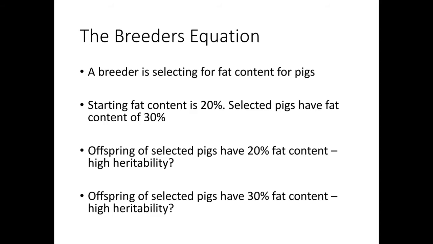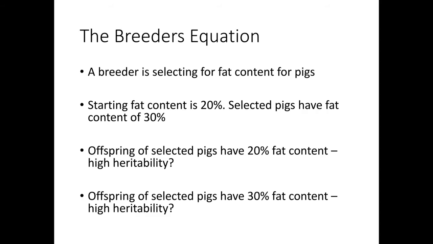Then one finds out that you breed all the ones that have 30% fat content, and then find that the offspring of the selected pigs, the ones that have 30%, again have 20% fat content. Would you say that there's high heritability there? No, you would say that there's very low heritability, because you started with a population of 20%, you selected a bunch that were 30%, you bred them, and you end up back where you were before at 20%.